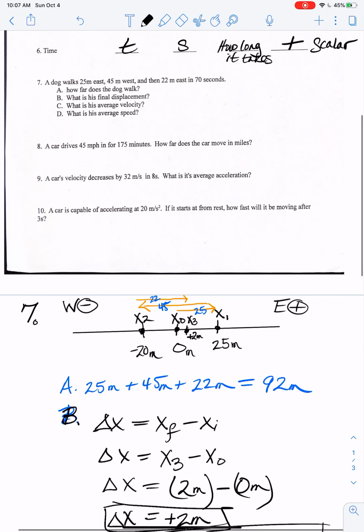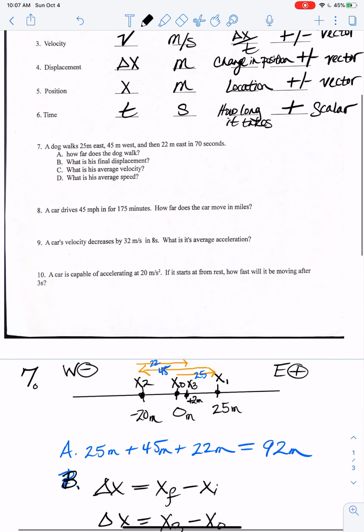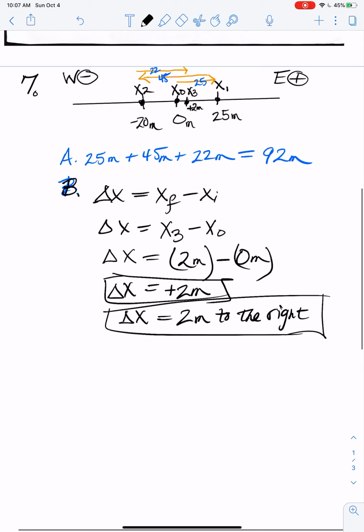Now they do. All right, what is the average velocity and speed? So C is average velocity, so V average, or just V, I'm just going to call it V. Why is it average and not instantaneous?